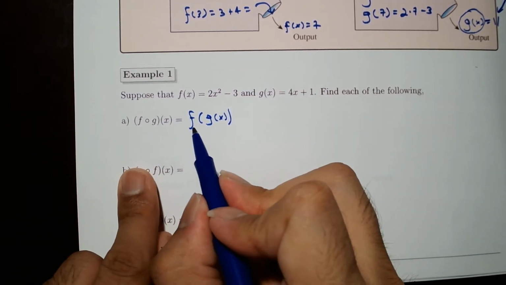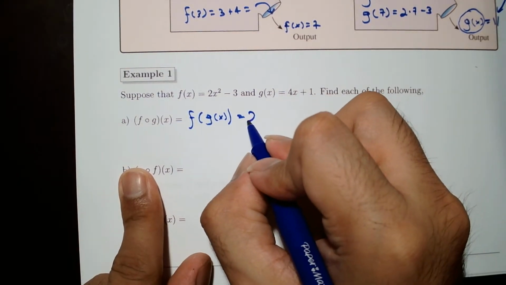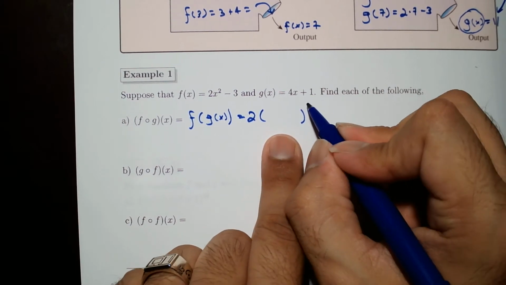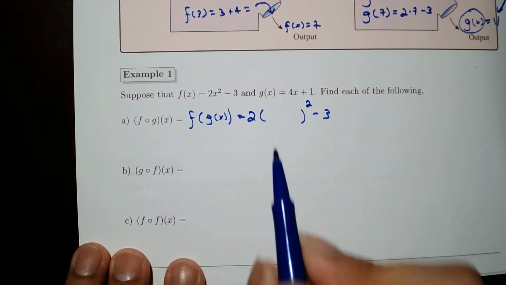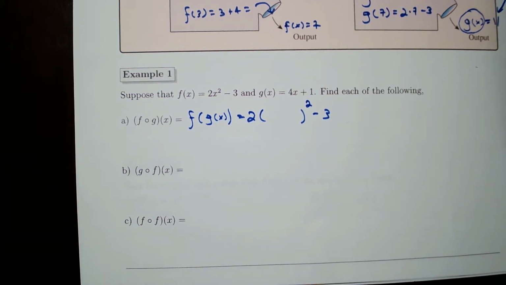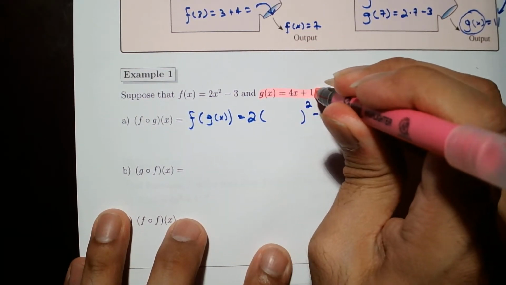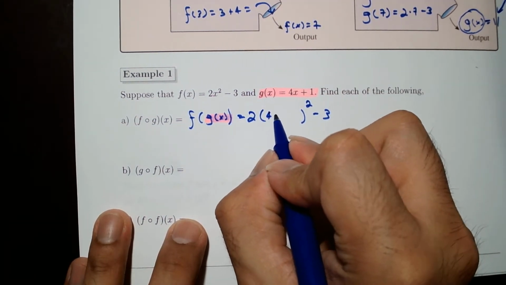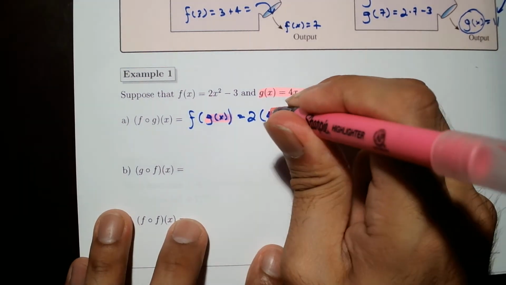We are going to work with the function f, which is 2 times parentheses x squared minus 3, but what are we going to replace in the place of x? In this case, we are going to place the function g, which is 4x plus 1.